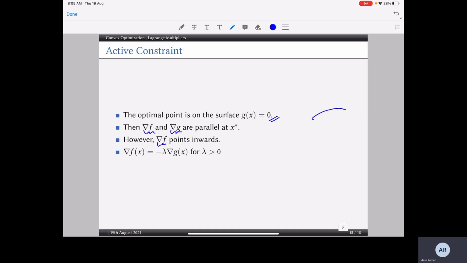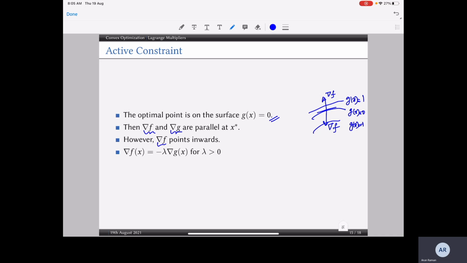If you remember, when we did the equality constraints, we said the gradient can point outward as well as inward. When we say outward or inward, we mean something like 0, and we will have g(x) = -1, let's say. So outward and inward means something like this.